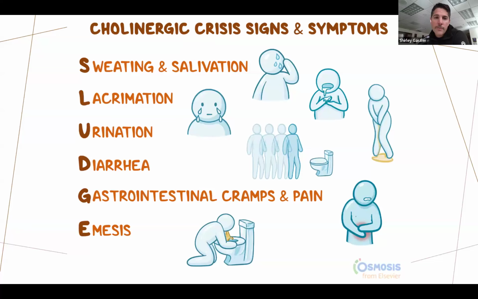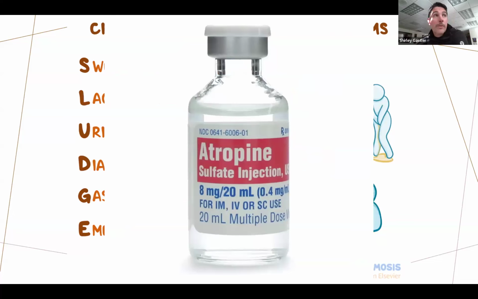For your SLUDGE, nerve agent type stuff, remember your mnemonic: sweating, lacrimation, urination, diarrhea, GI, and emesis. So basically, they've got fluids coming from every orifice and every area. These are ones you want to give your 2-PAM, and you want to continue to give atropine. One of the questions we always give the training residents is, when do you stop giving atropine?